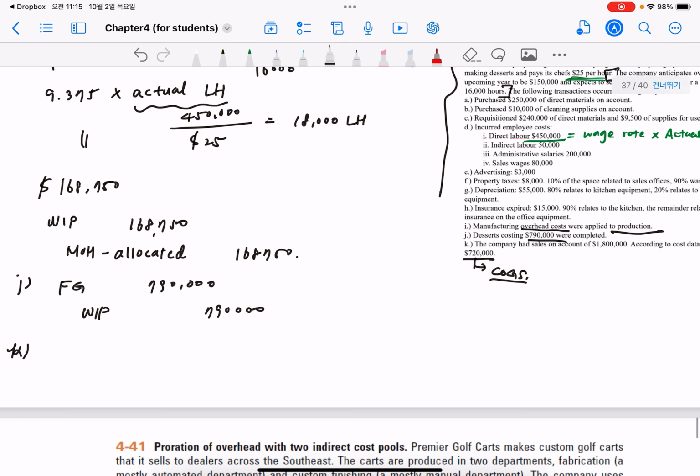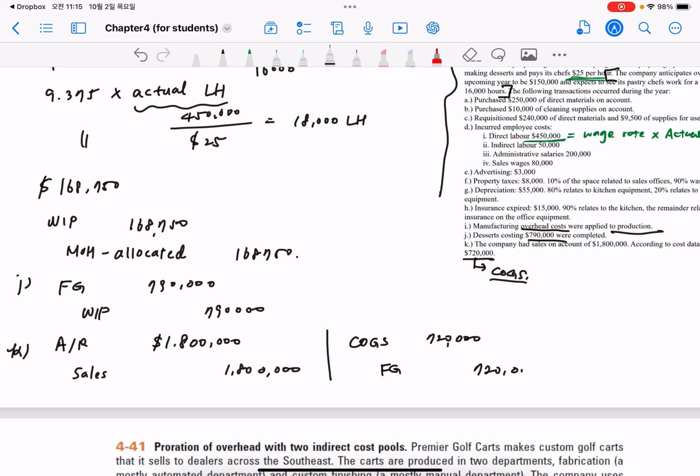So since you're generating the sales on account, you need to debit the accounts receivable, which I'm going to abbreviate as AR, by 1.8 million, and you credit the sales revenue of 1.8 million. At the same time, you also need to expense the COGS by $720,000, and you need to credit FG, the finished goods, by $720,000.